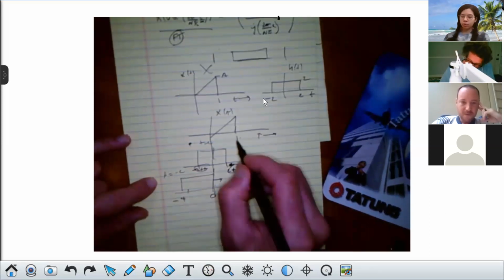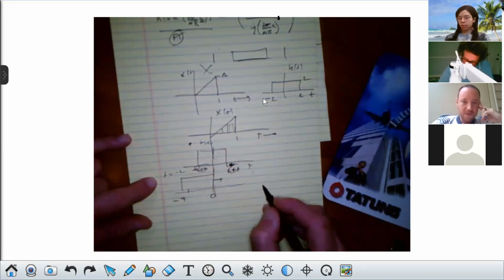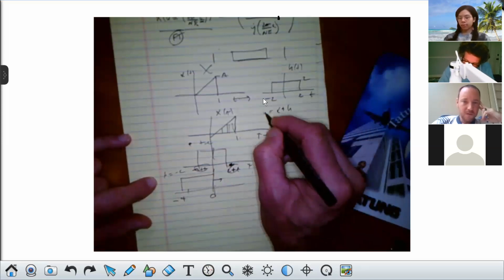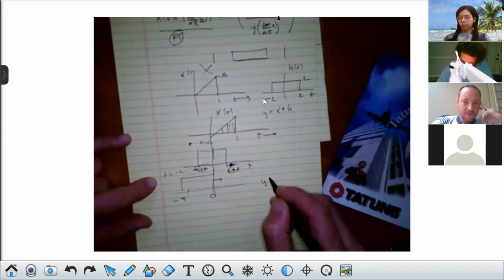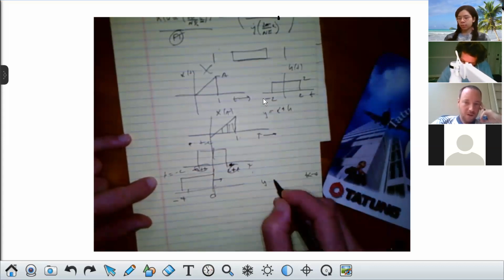So as the window goes through, it starts going over that, and you're going to get values. When you talk about the convolution of x convolved with h being y, you're going to say for y, right here, for t less than -4, it's 0.